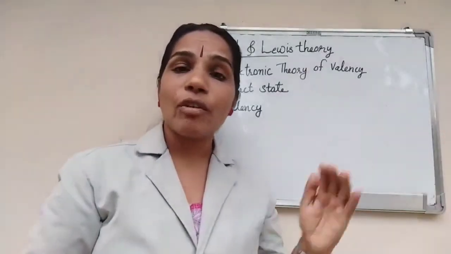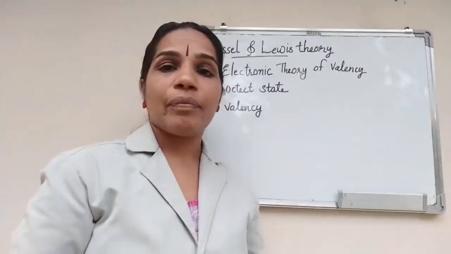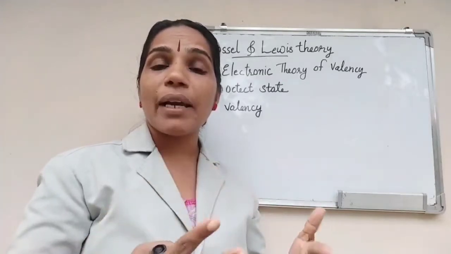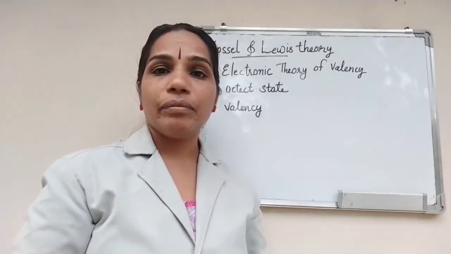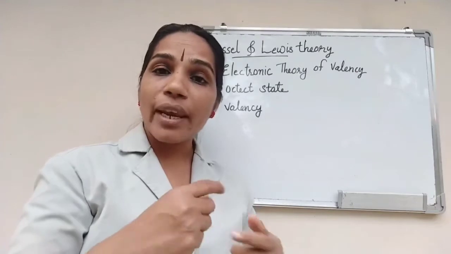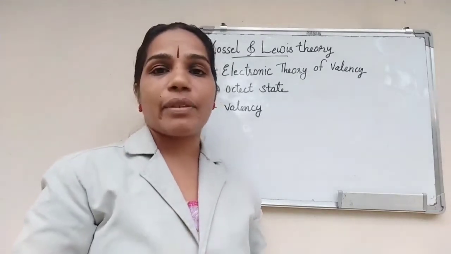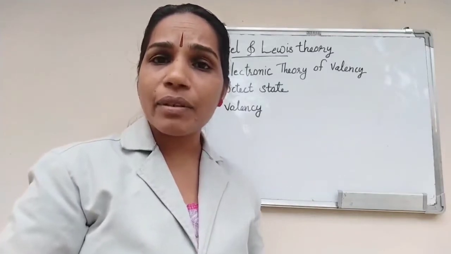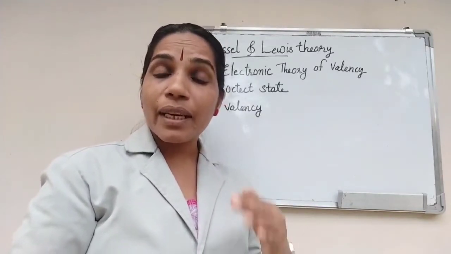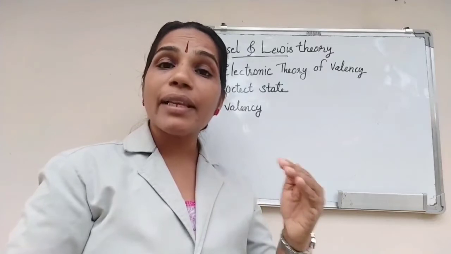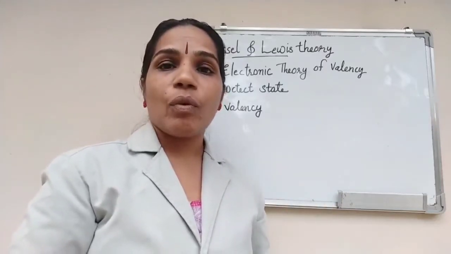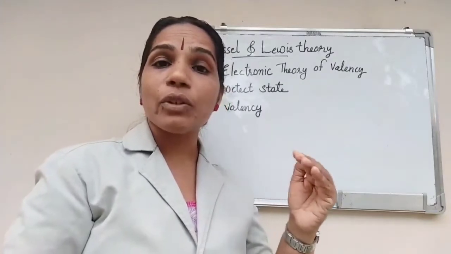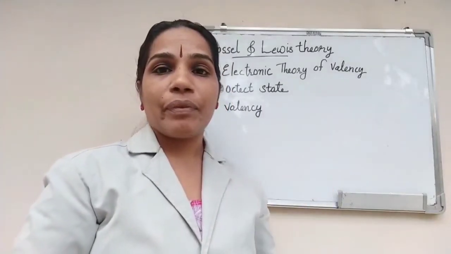For the completion of this octet state, valence electrons are transferred by atoms or shared between two atoms. How is this octet state attained by the atoms? By transferring valence electrons or by sharing electrons between two atoms.